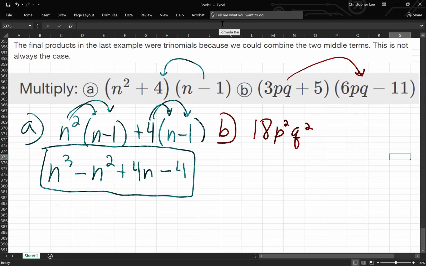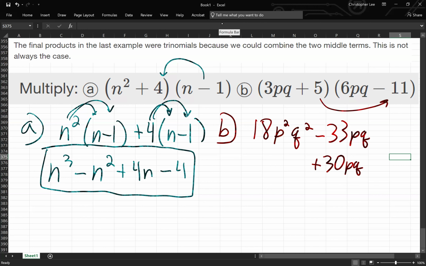Good. Then 3pq times negative 11, which is negative 33pq. Then 5 times 6pq. What's 5 times 6? 30, so plus 30pq. I ran out of space, that's why I'm doing it like this. Last, you have 5 times negative 11, which is negative 55. Good.